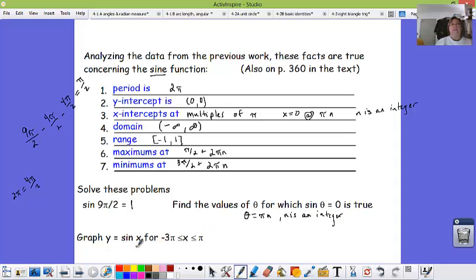To graph the sine of x over the interval negative 3 pi to pi, that is not going to be an issue for us either, because we know how to do this. We know that, and I'm going to cheat. Okay, it's not really cheating. We know that a full period is 2 pi, and we know that in this curve, it has to have a full up and down in 2 pi radians. I'm going to go ahead and start marking. So there's negative pi.